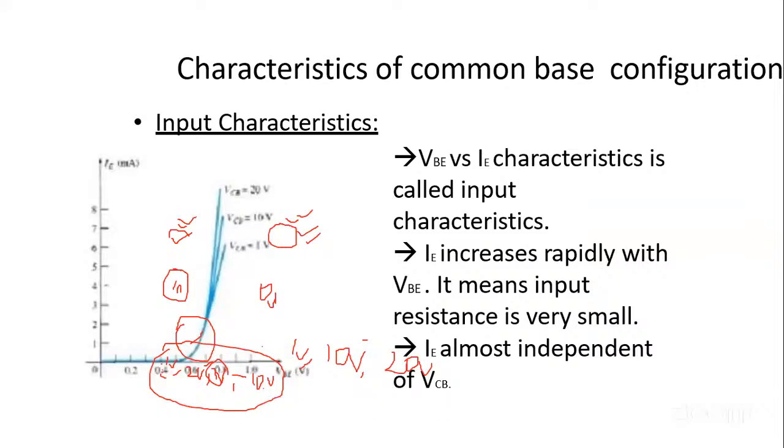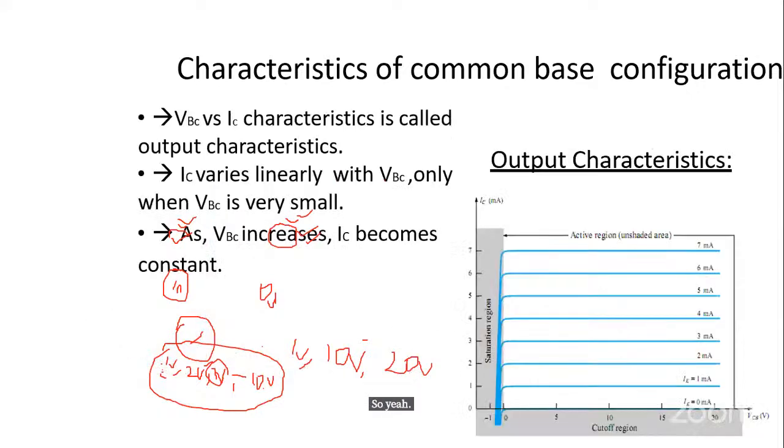While VCB is kept constant, here you get your input characteristics. For output characteristics, you keep IE constant this time.